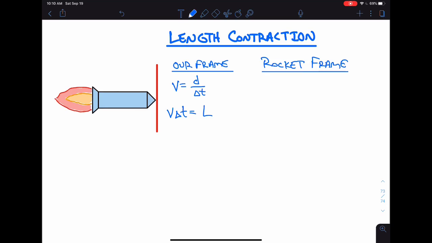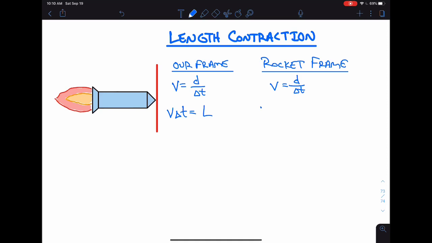Okay, well, V equals D over delta T. In this case, V is how fast this laser beam, this gate, as it were, is moving. And it turns out that the rocket is going to see the same speed for this as we see for the rocket. So these two speeds are the same.